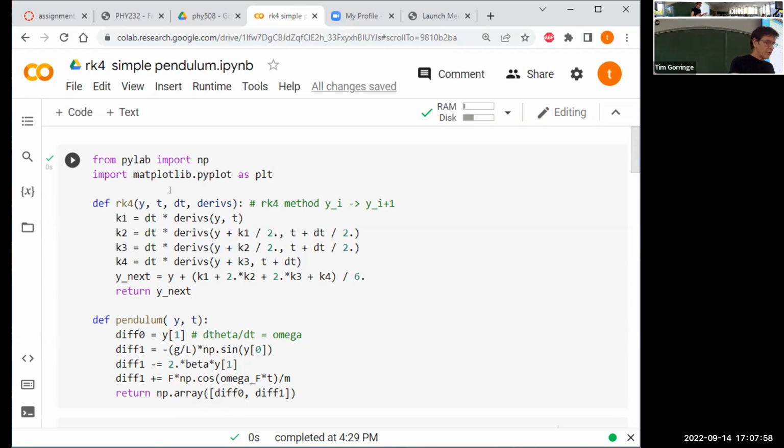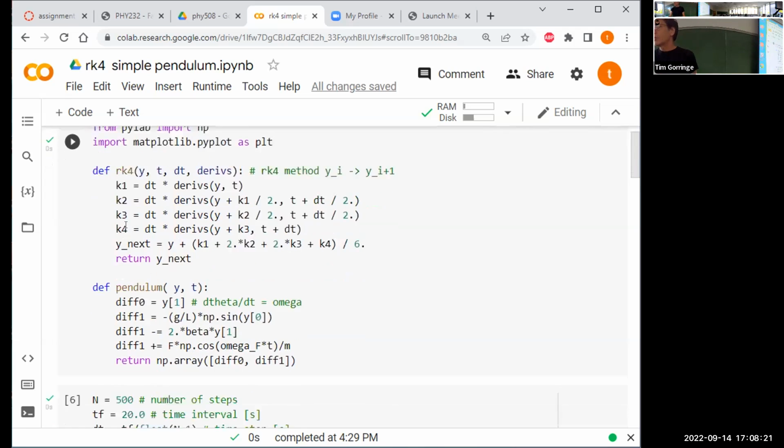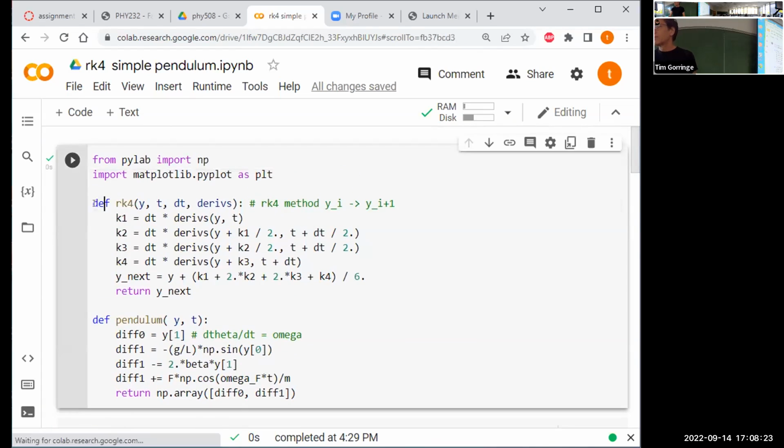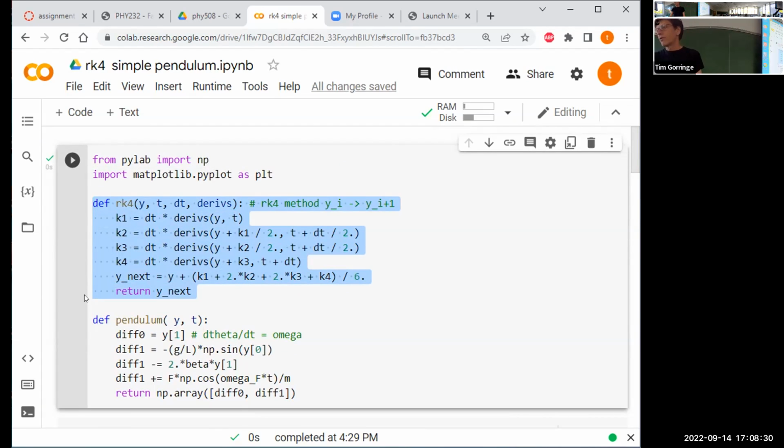And then I need a second user function, which in the last classes would have been describing the ordinary differential equation for the falling body, or for growth or decay, or for a mass spring system. Now it's for the pendulum system. And so that's what's in this cell here. So this cell is just the Runge-Kutta fourth order from last class.